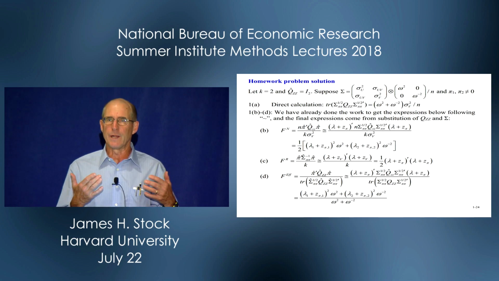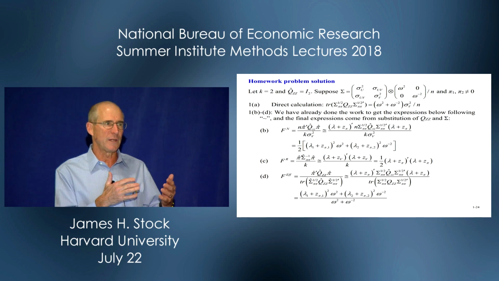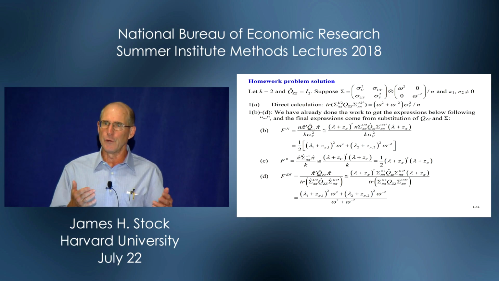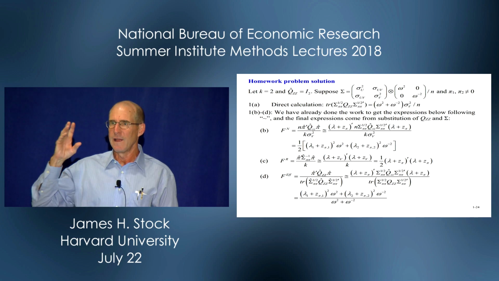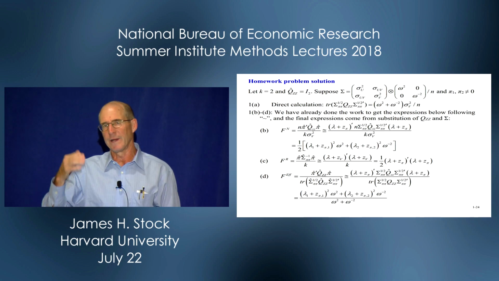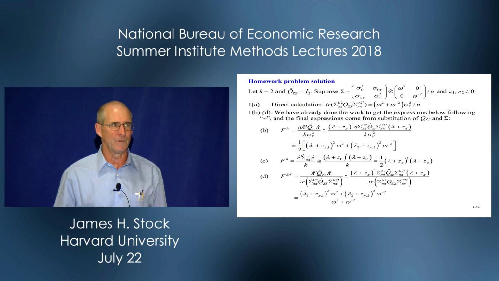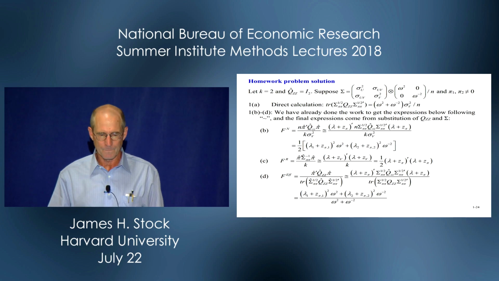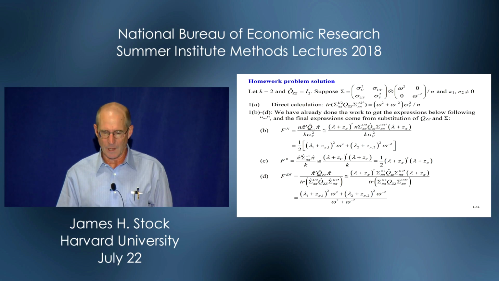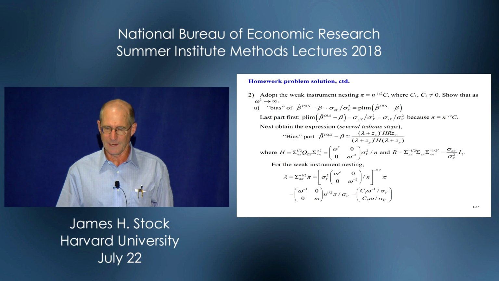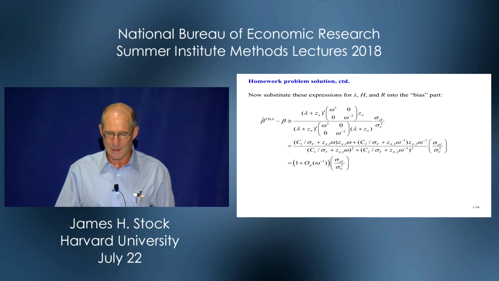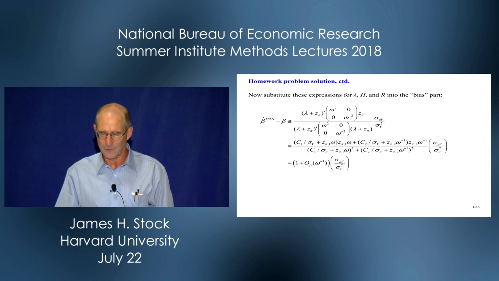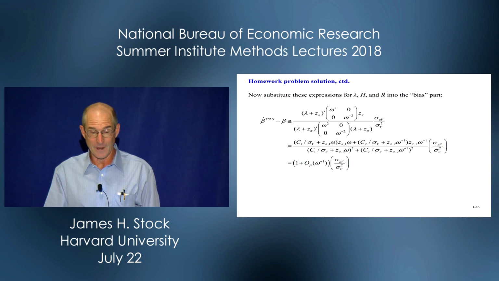But the fact that it's measuring one of them far too precisely gets OLS confused and blows up that F statistic. So OLS thinks I've got a great first stage instrument, when in fact that's just because it hasn't been doing it heteroscedasticity robust. And you can just work through that same logic with the other cases. So I think I probably won't work through that logic. The homework problem solution is sketched out here. I would urge you to assign this to your graduate students. It's a great exercise.